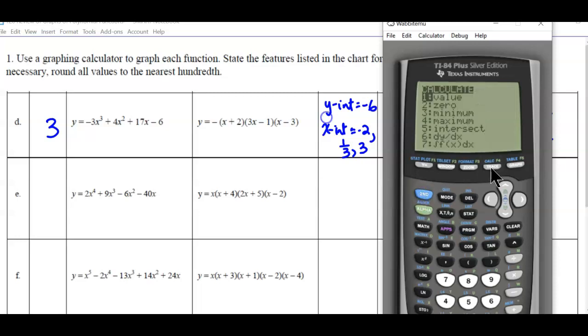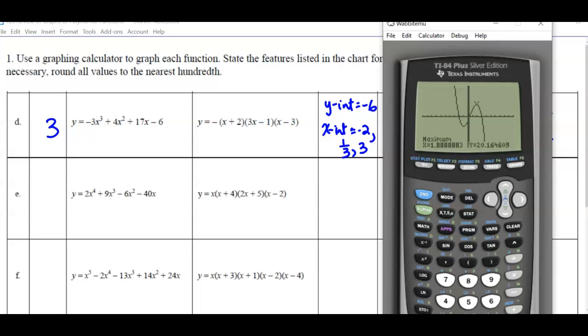So second trace, maximum. Get closer. Okay, and then enter. Okay, and again, what is it there? So I think we said nearest hundredth. So you can tell that's going to be 1.89.